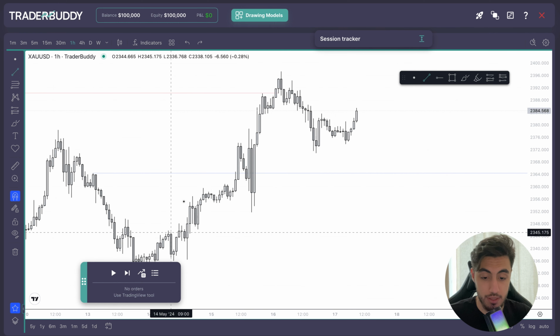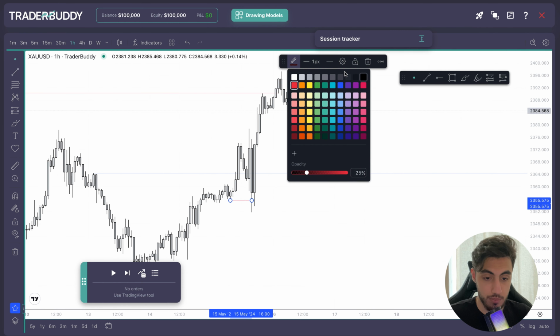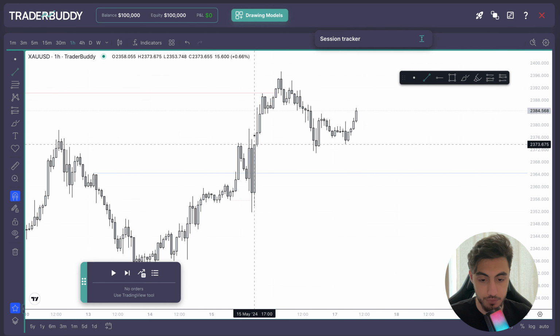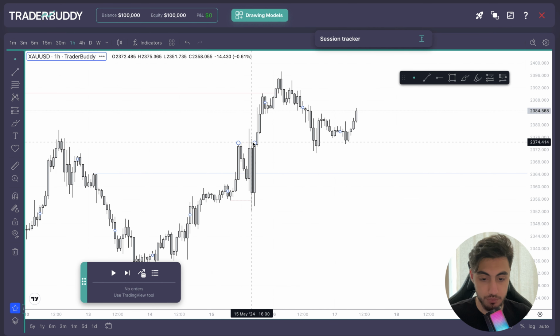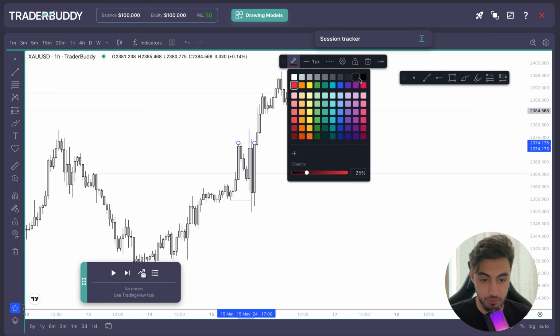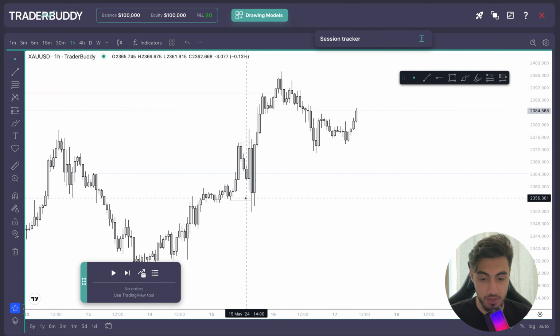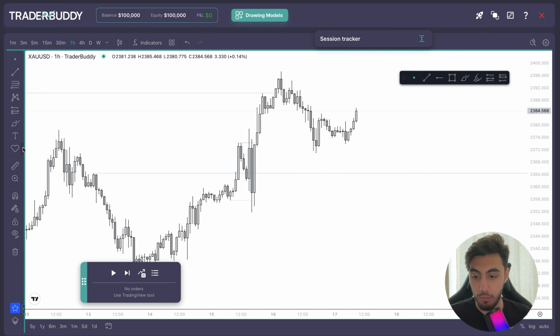So here, what I can see is a stop hunt, break of market structure to the upside. So the strong low formed for me here.